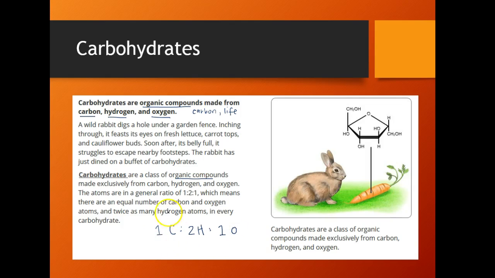Okay, so that means that there are an equal number of carbon and oxygen, right? And twice as many hydrogens in every single carbohydrate. So carbohydrates, you can see, are even found in things like carrots, and this is the chemical structure of a carbohydrate.